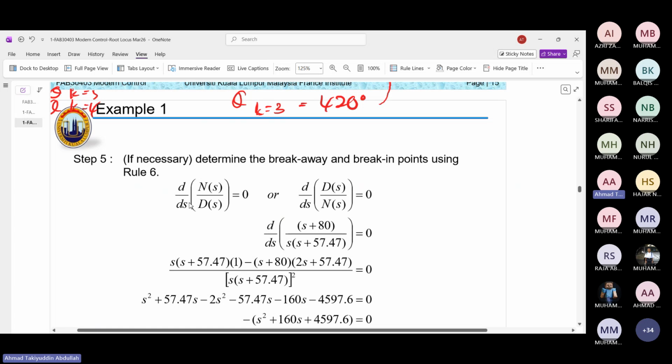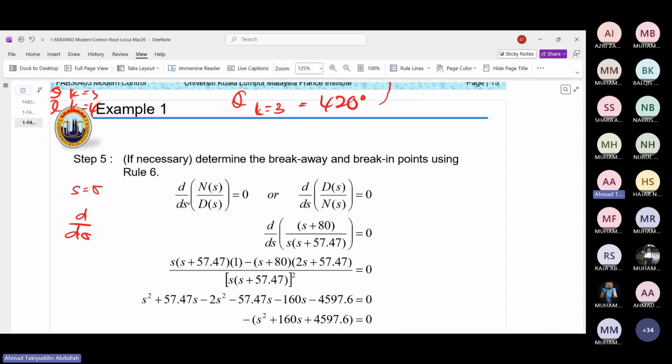So it will be d over ds for the equation that we have as N(s) over D(s), equal to 0. We can do it this way instead of the earlier definition of changing s to sigma and considering d sigma. We can directly use d over ds.